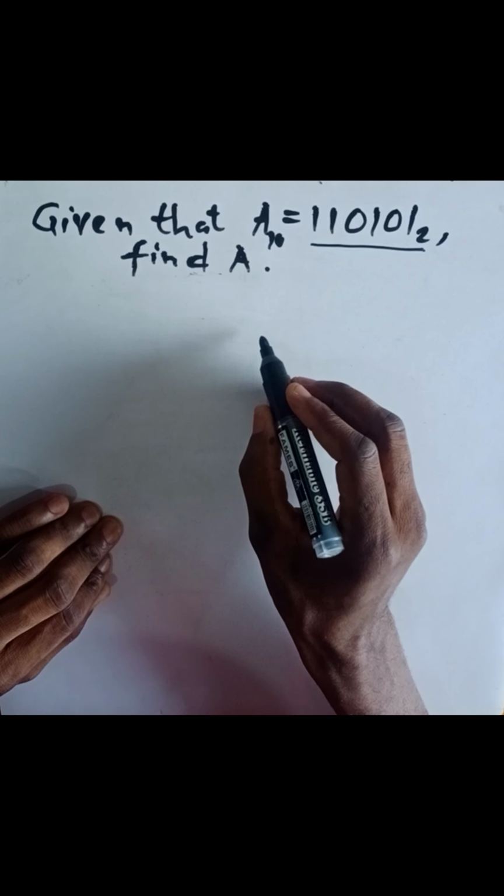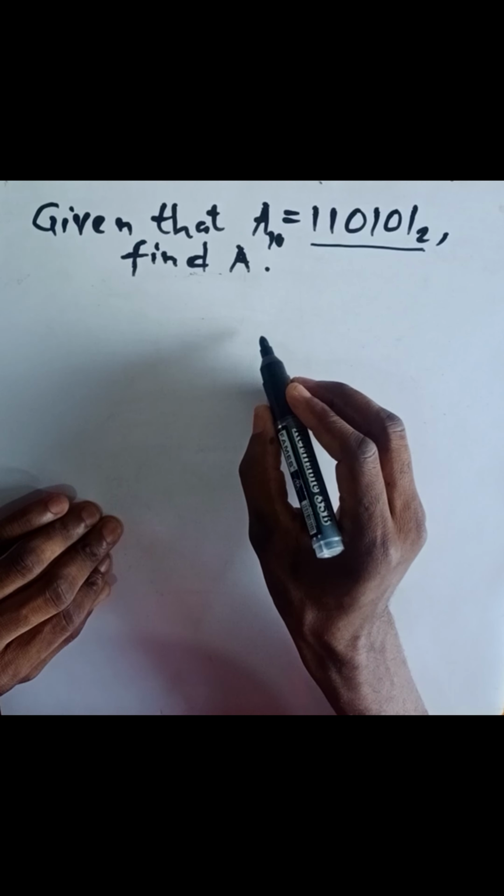1 multiplied by 2, plus this one, 1 multiplied by 2, plus this one, 0 multiplied by 2, plus another 1 multiplied by 2, plus 0 multiplied by 2, plus 1 multiplied by 2.